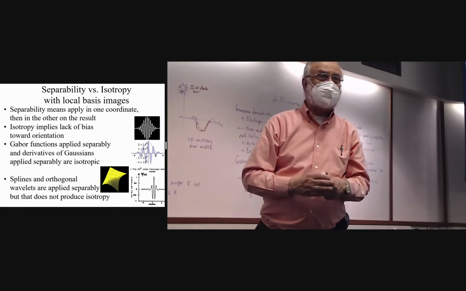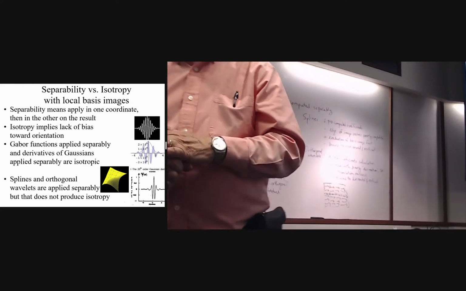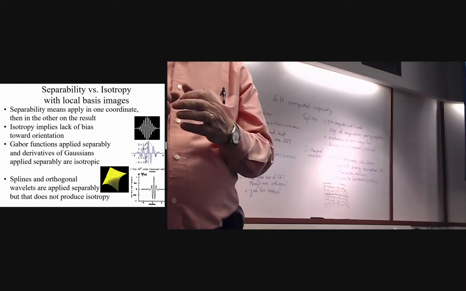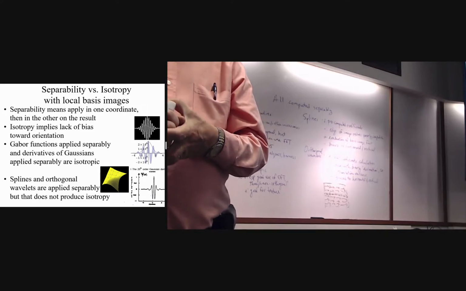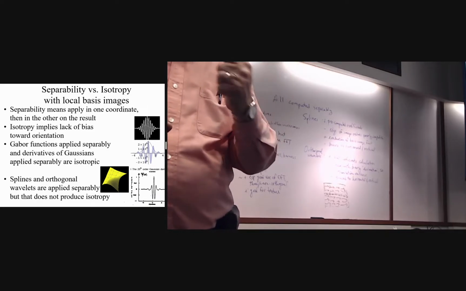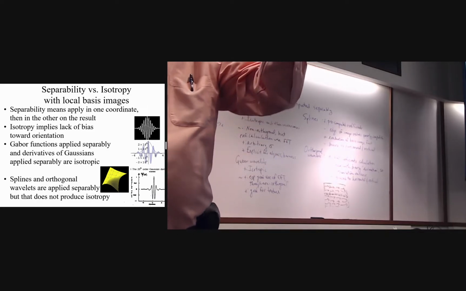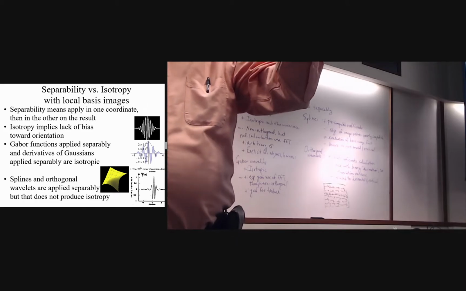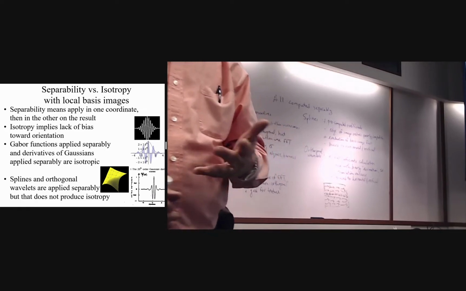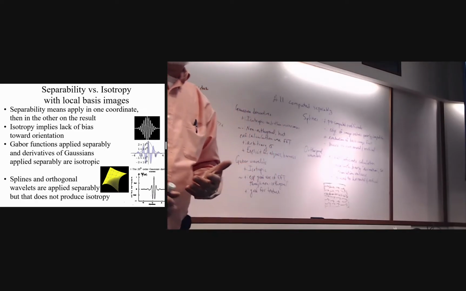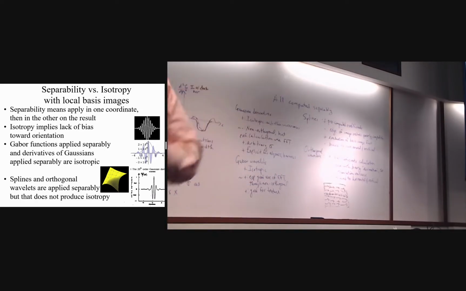Separability is a matter of computational decision, whether it's either okay in some of the cases or required in others, that you compute it first in one direction and then in the other. That gives you computational efficiency compared to trying to do it fully in 2D or fully in 3D, right?